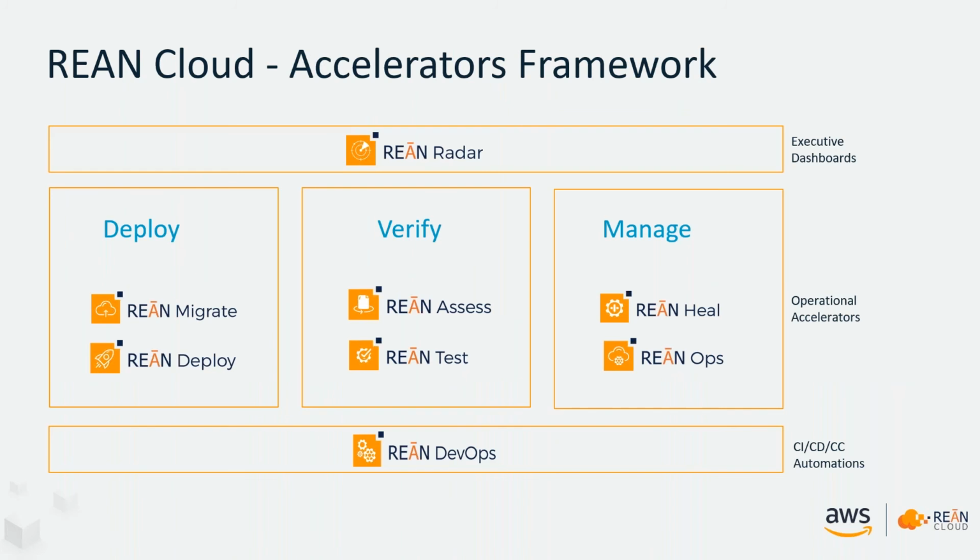From there, one of the things I want to highlight from a REAN Cloud offering, and something very relevant to what we did for Gigamon, is that we have, over the years, built a series of tools, and we're at a point now where we've been able to refine them into a consistent framework.